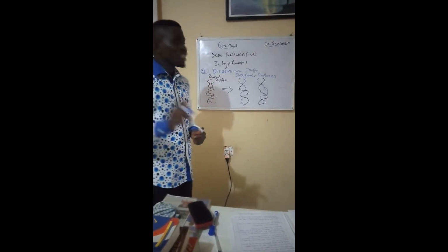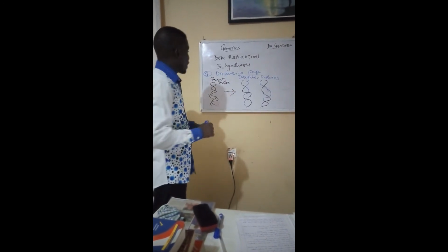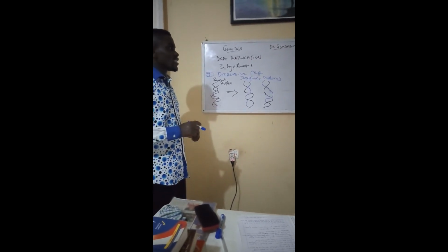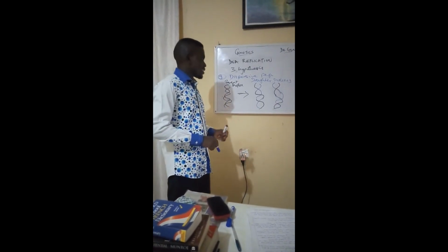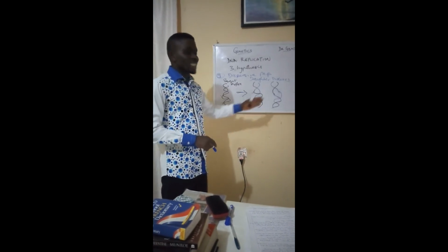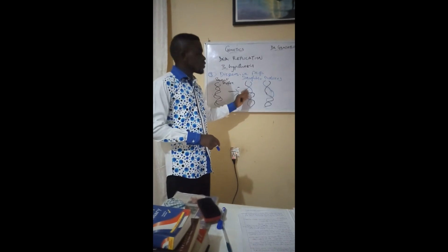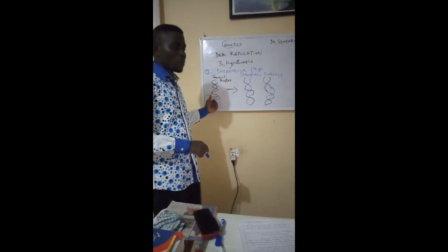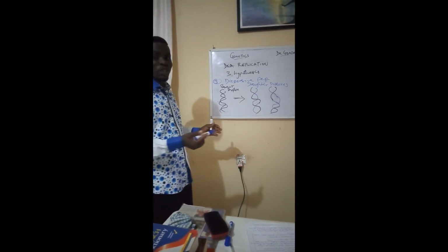So the third hypothesis is dispersive replication. Dispersive replication is trying to explain that the daughter duplexes that are formed from the parent duplex each contain only segments of the parent duplex. Like from this illustration, I tried to use different colors of the board marker.